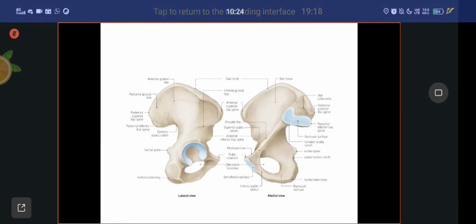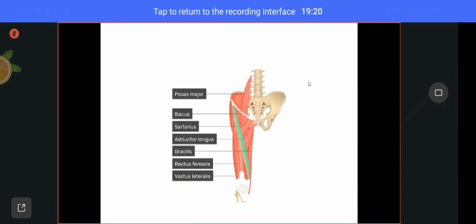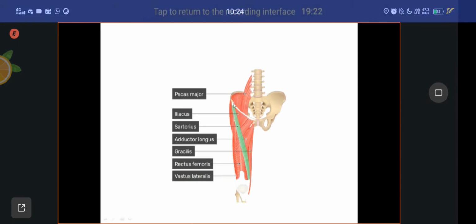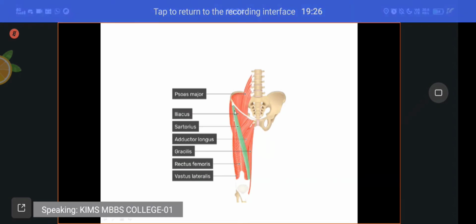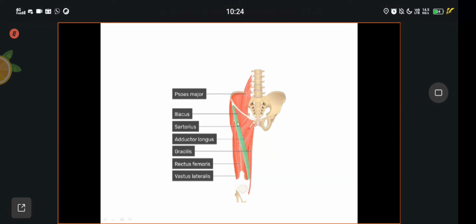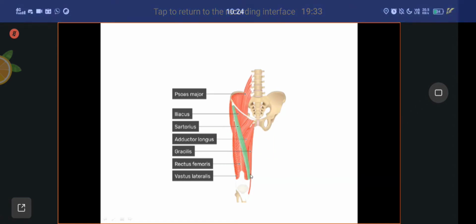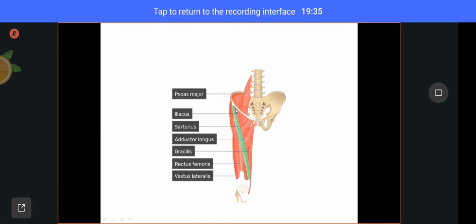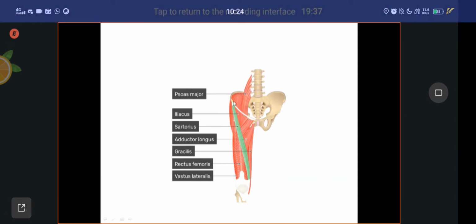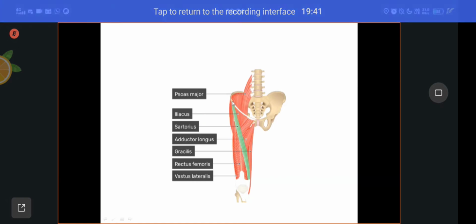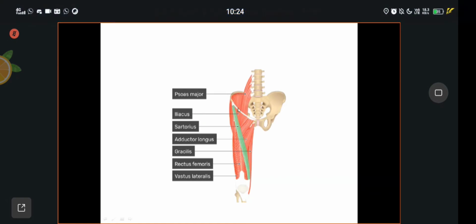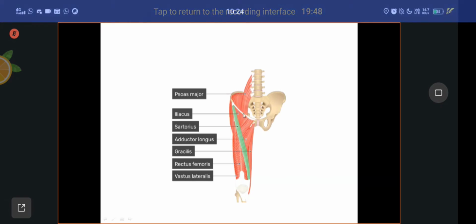You can see it in the anterior compartment of the limb. This muscle is called the sartorius muscle, which gets its origin from the anterior superior iliac spine. And also from the anterior superior iliac spine, you get one more ligament. What is that ligament called?